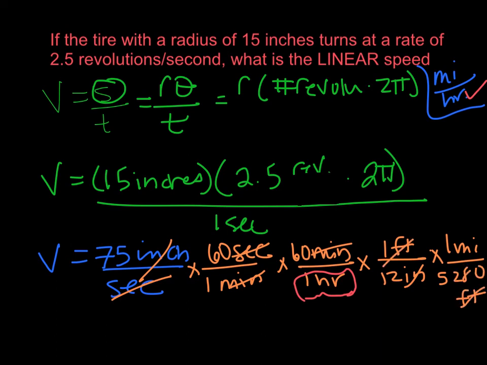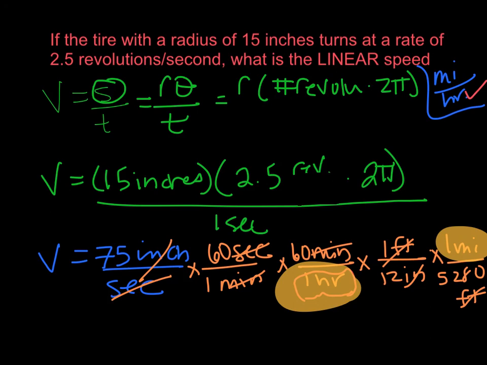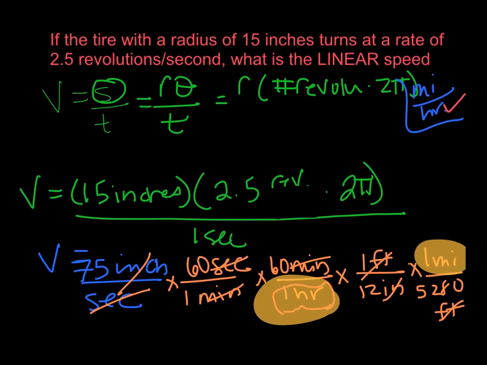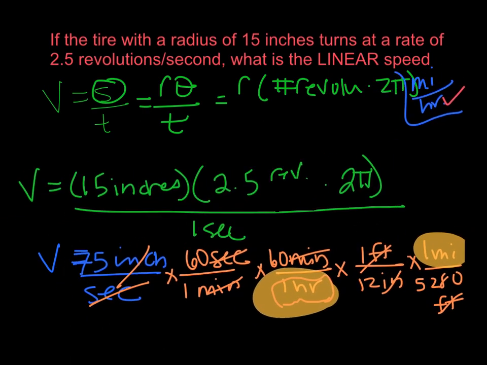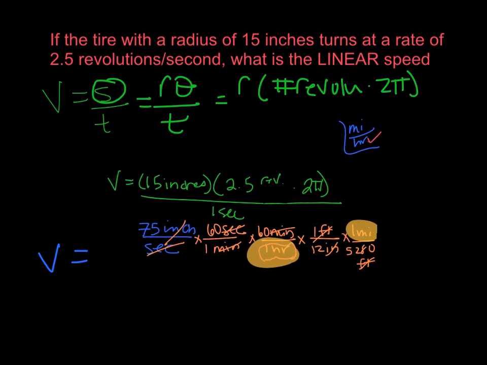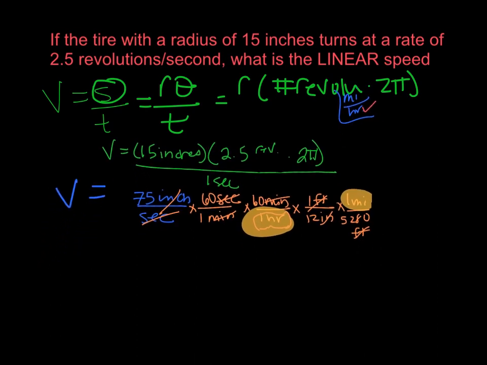So now I'm left with, let me use a highlighter, yellow. Now I have my hours and I have my miles, so I have my miles per hour. Just trying to shrink this so I can fit it in here.